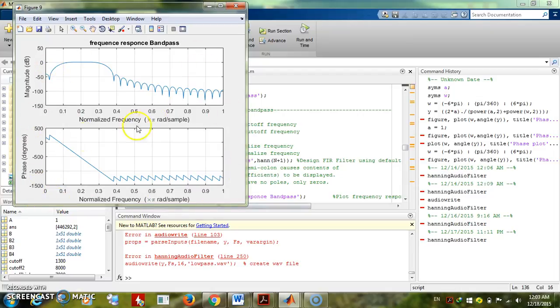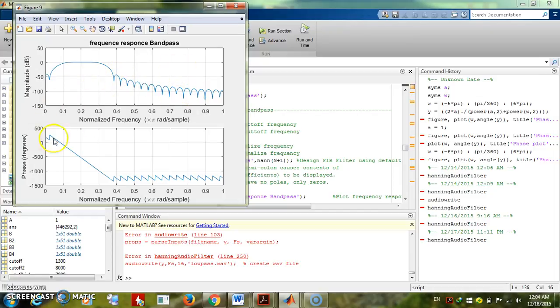For the top graph, you can see that after the bandpass filter, the magnitude of the frequencies in between the range of the first cutoff frequency and the second cutoff frequency is higher than for those frequencies that are out of the range of the two cutoff frequencies.